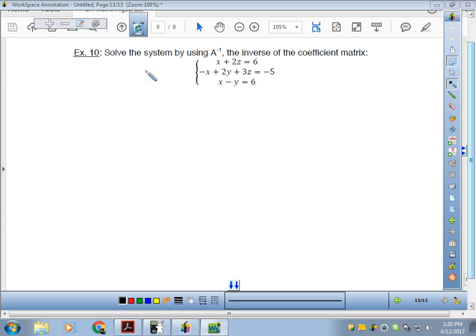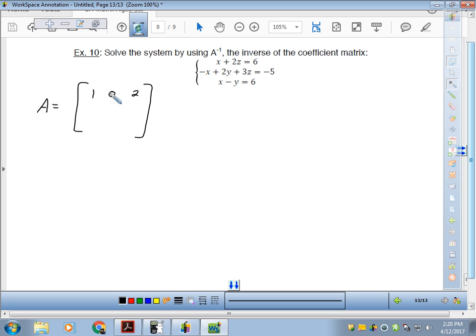So it asks us to solve the system by using A inverse, the inverse of the coefficient matrix. So I'm going to start by defining my matrices. So matrix A is the coefficients. So here in front of x, I have 1. I don't have any y's, so it's 0. And z's, I have 2.